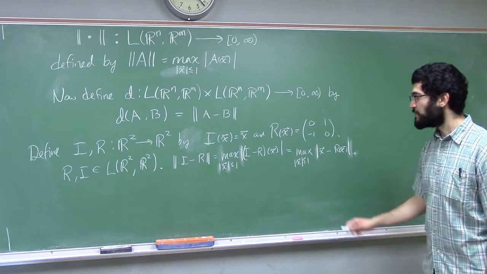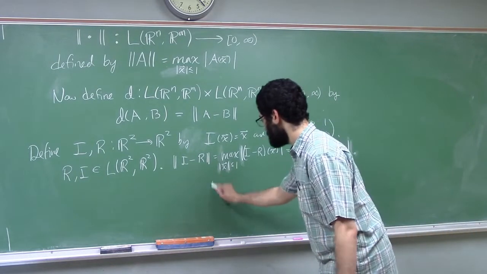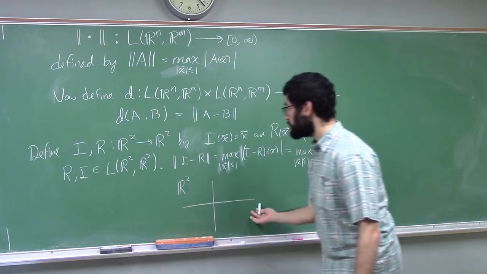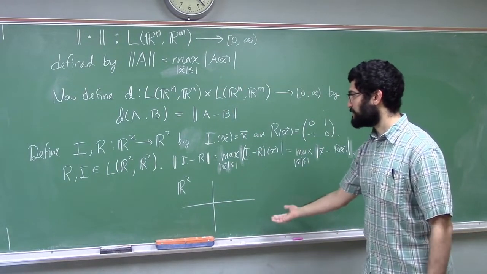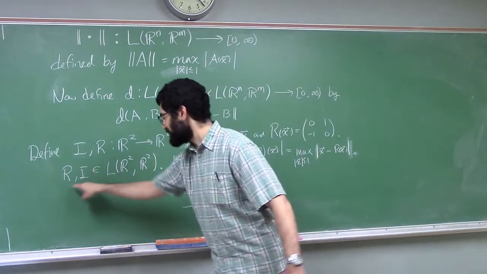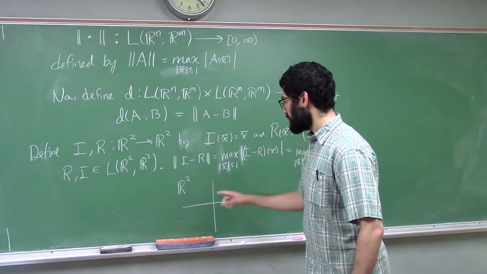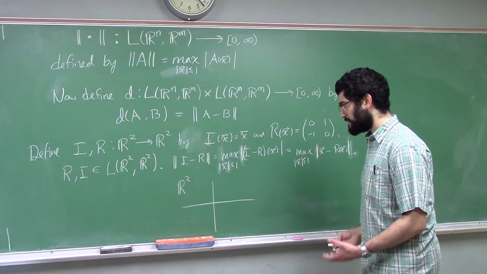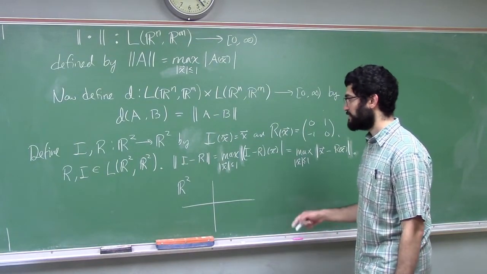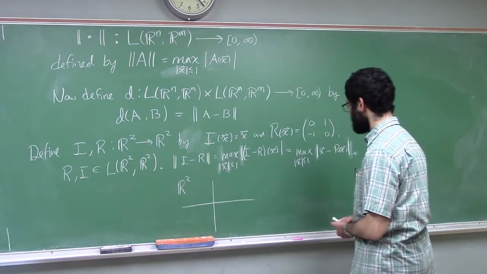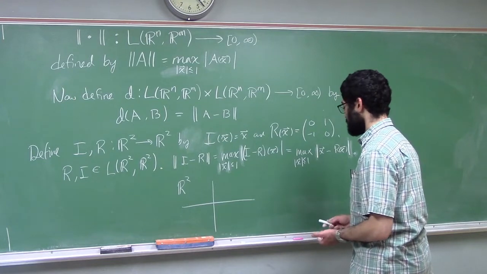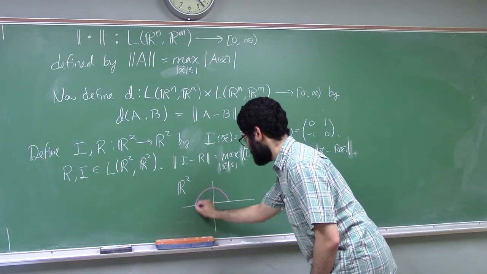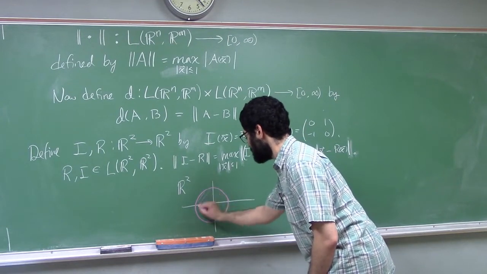And I guess this is something we can visualize. So if I put R2 here, this is not the vector space in which these are points. So we're not going to find R and I living as points here. That's not what I'm drawing. What I'm drawing is the domains of these functions. So here's a picture of the closed unit ball.